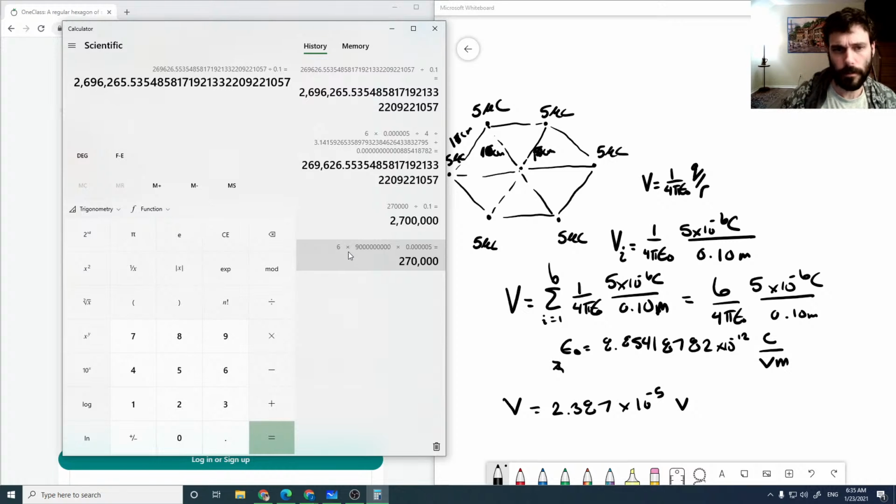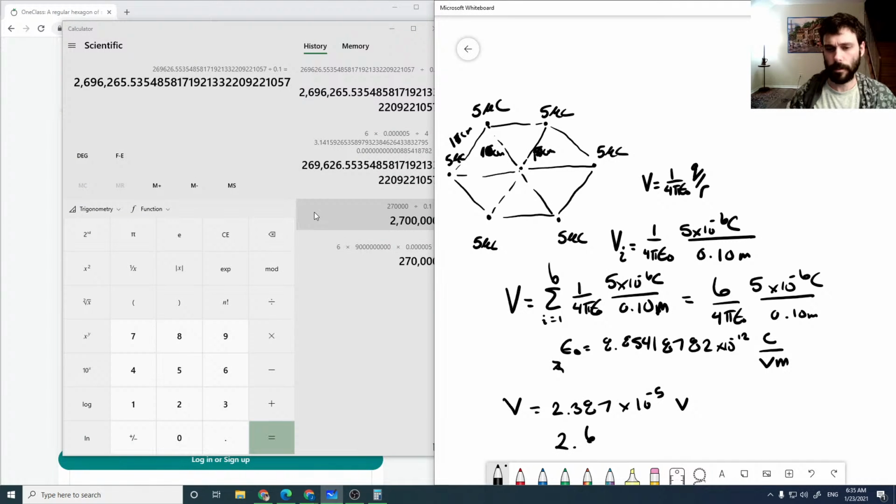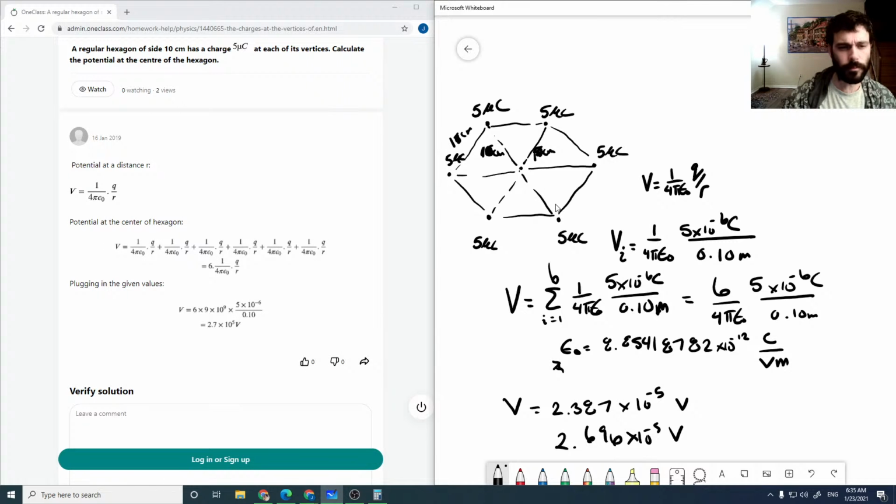But yeah, it looks like I made a mistake in copying. So it looks like it should be 2.696 times 10 to the minus 5 volts. My apologies. So that was my calculator there. So that looks okay then.